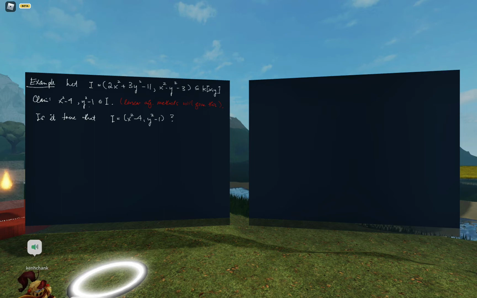And I think this is actually an exercise. I don't remember the number, but it's one of the exercises in this chapter. So I'll leave this as an exercise to get you to think about why this might be true. I think you all have some intuition for whether this is true or not.